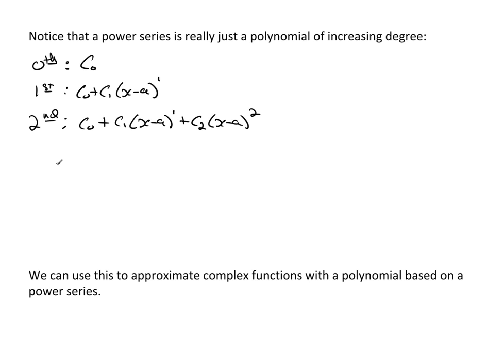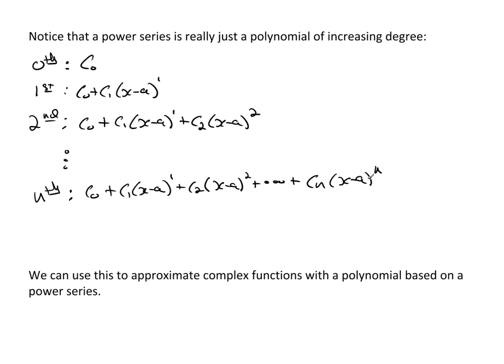And this keeps right on going down to the nth degree, which will give you c0 plus c1 x minus a to the first plus c2 x minus a squared, out to however far n is, cn x minus a to the nth. Of course, I could write all of this as the sum k equals 0 to n, because n is where I'm stopping, of ck times x minus a to the k.